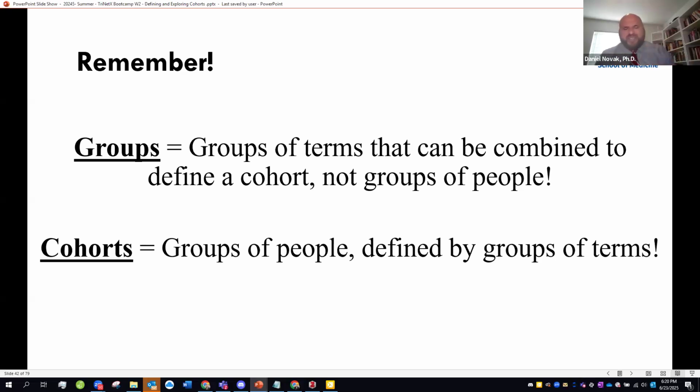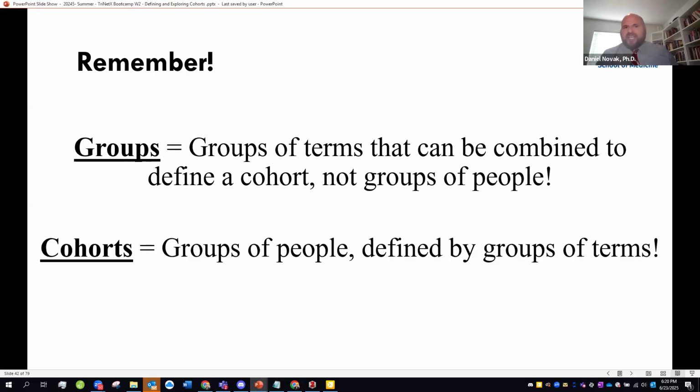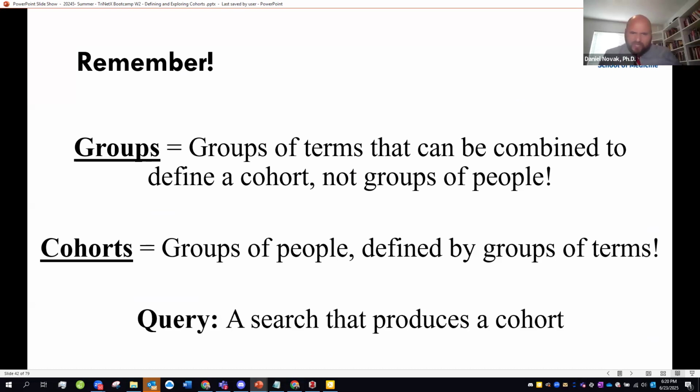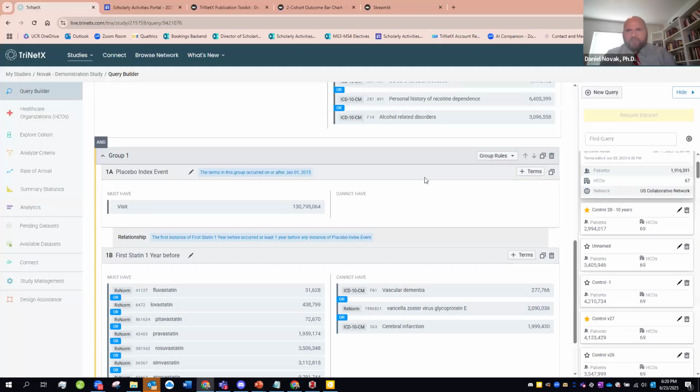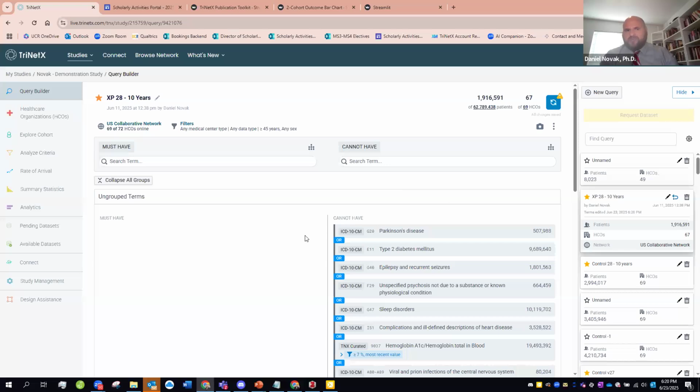So just be aware that these are your cohorts over here. These are your groups of terms over here. It's a little bit confusing. I'm not sure why they chose that nomenclature, but I know it is a sticking point for people when they're trying to figure out exactly what they're analyzing later on. And finally, a query is a search process that produces these little query cards that are your cohorts.